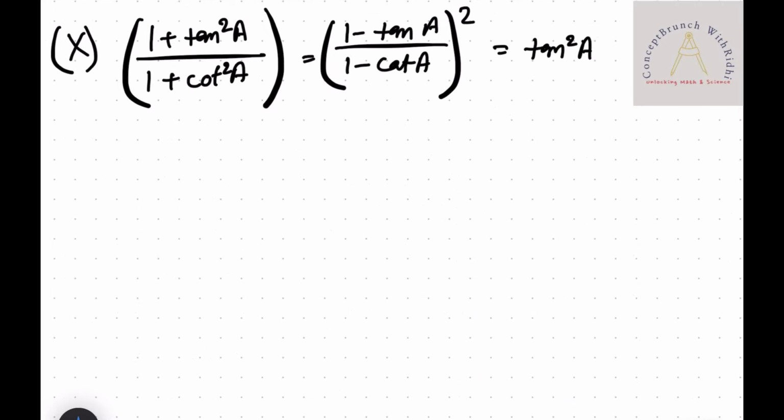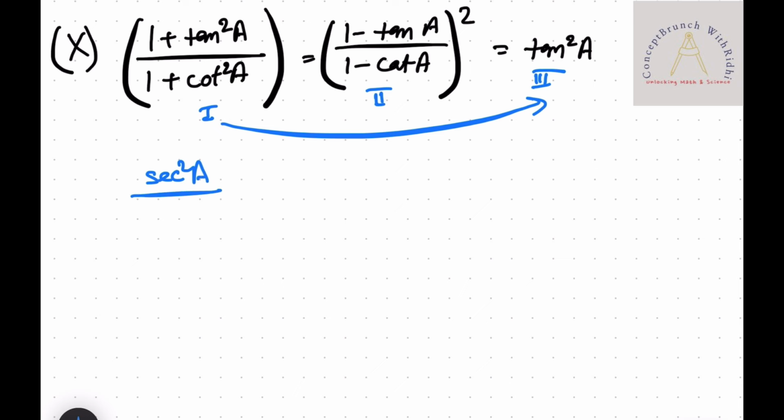So this is our last question, right? Here you can see there are 3 parts, the first, second and the third part, right? So first we'll prove first equal to third. Let's do that. So you can see here this is 1 plus tan square A, we can write simply as secant square A, right?